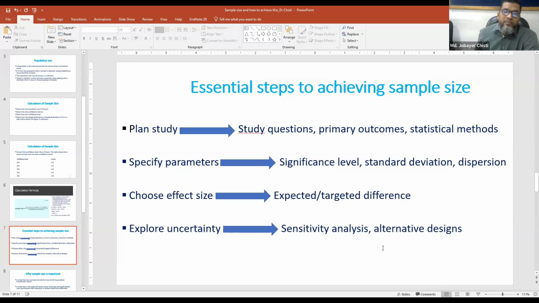And we need to have the effect size, especially to calculate the sample size of an interventional trial. And simultaneously, we need to explore uncertainty by keeping the opportunity of sensitivity analysis and for the alternative designs.